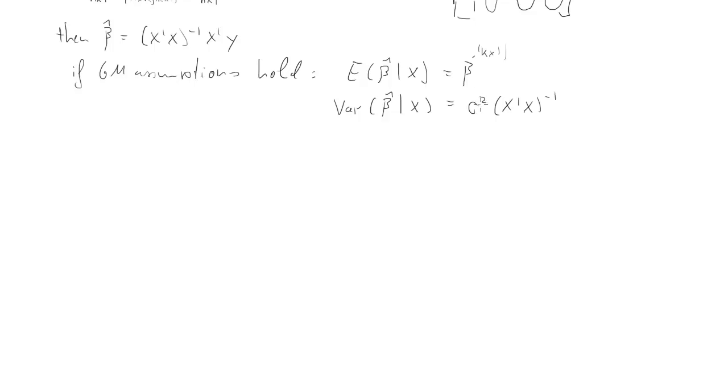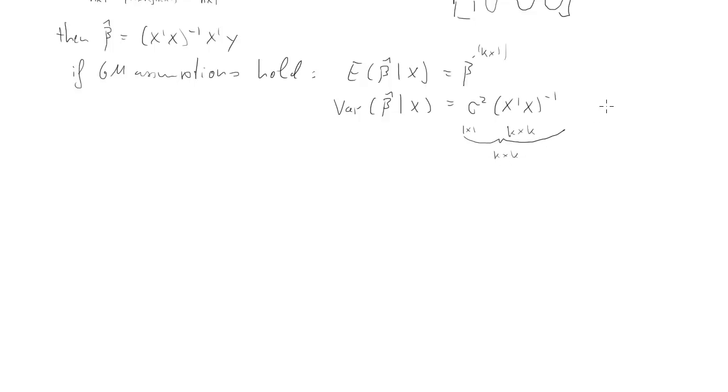Sigma squared is the variance of the error terms, and that is a scalar. X' is going to be k by n, X is going to be n by k, so the entire product is going to be k by k. The inverse doesn't change the dimension, so the entire variance of β hat is going to be k by k.